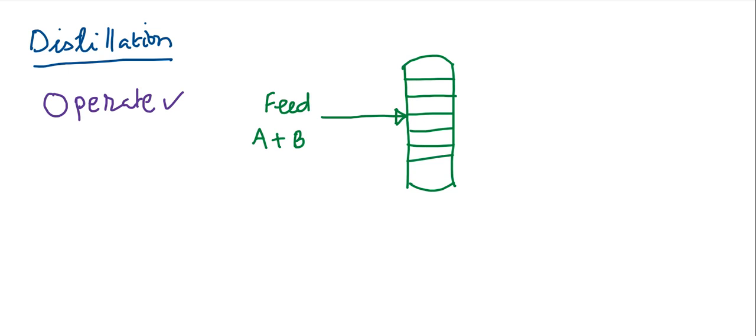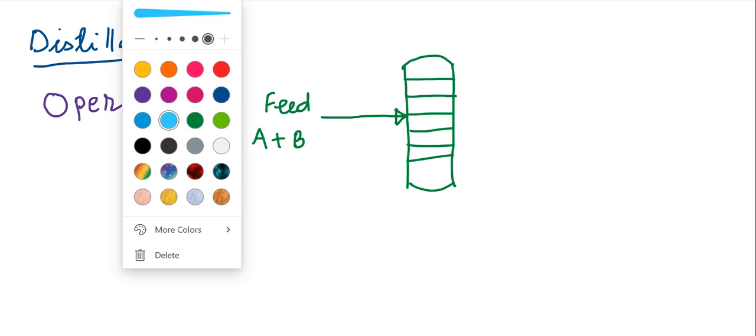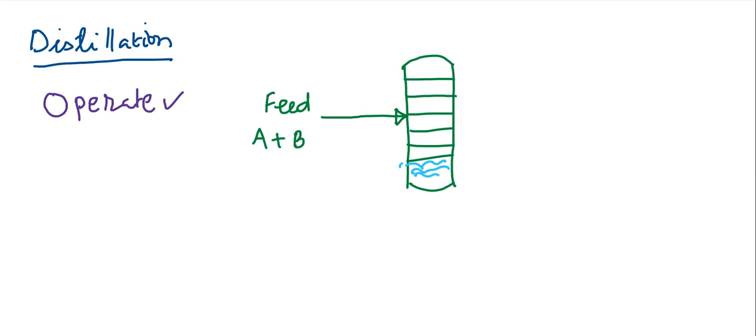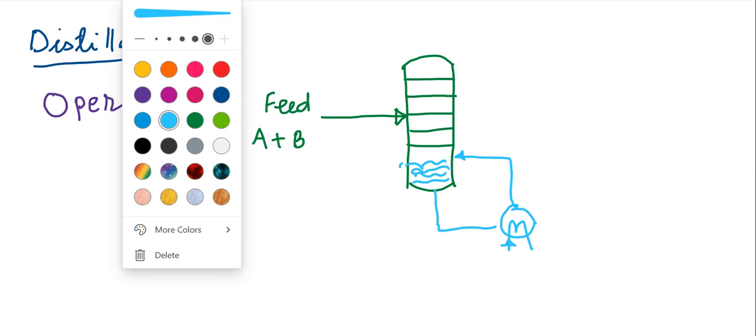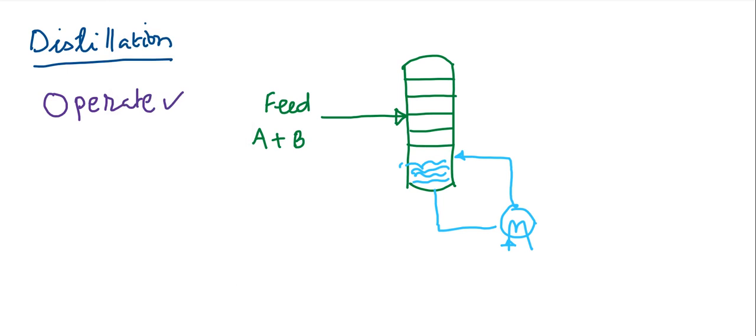Once this column gets filled up to this place with liquid, this liquid is taken from the bottom to the reboiler section here, wherein we supply heat, and then the vapor coming out from this reboiler is made to enter below the bottom tray, so that the vapor goes up like this.